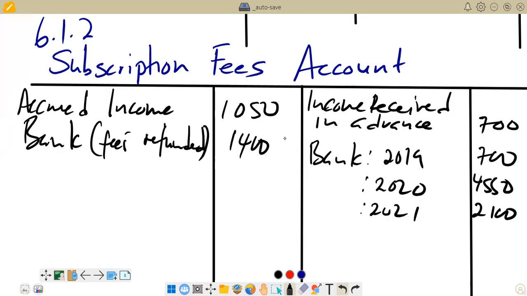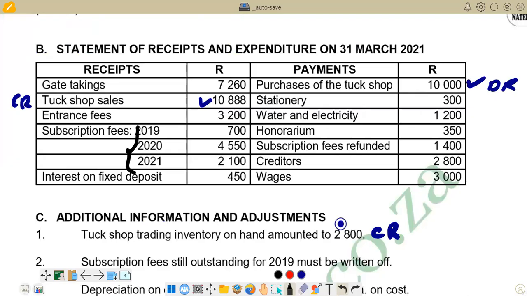And then we can now see what we have in terms of the additional information. We have got something in the additional information that we are supposed to include in the subscription fees account. You'd see that there is something there: subscription fees still outstanding for 2019 must be written off.